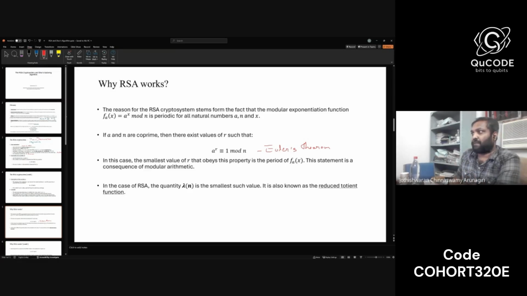Let me say for some r, I have a to the power r is congruent to 1 mod n. Then a to the power r plus 1, if I increase r by 1, what is going to be the value?